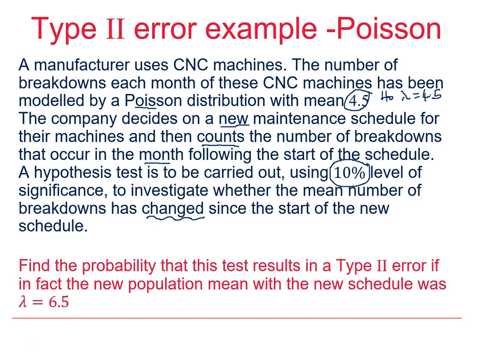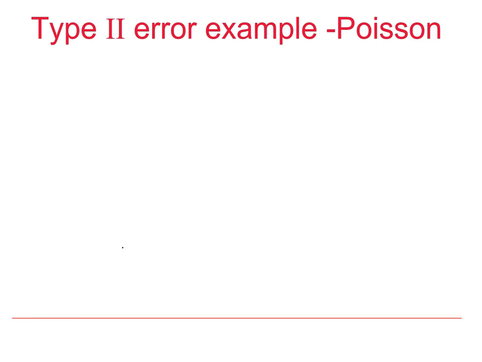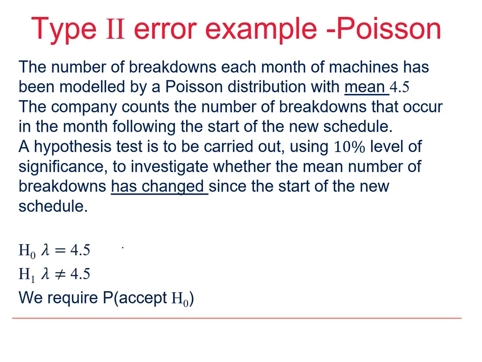And the demand for this particular scenario is to find the probability of a type 2 error if, in fact, with the new schedule, lambda was equal to 6.5. So this is our extra bit of information we'll need to use when we are working out the probability of a type 2 error. So setting it up, it's clearly a two-tailed test.